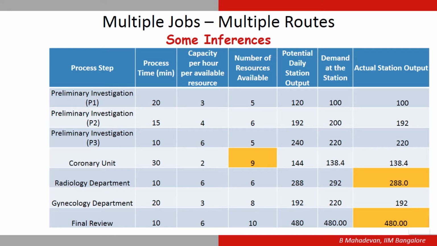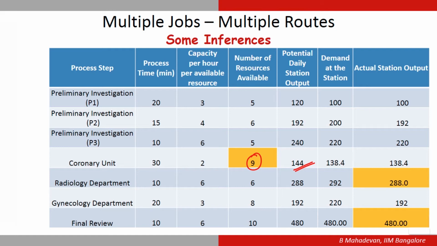What happens if we increase the coronary units to 9 and see the situation? So here is the situation where we have increased the number of resources available at the coronary unit to 9. Now clearly the capacity, what in the base case was 80, has become 144. There is a huge jump because we added more resources.